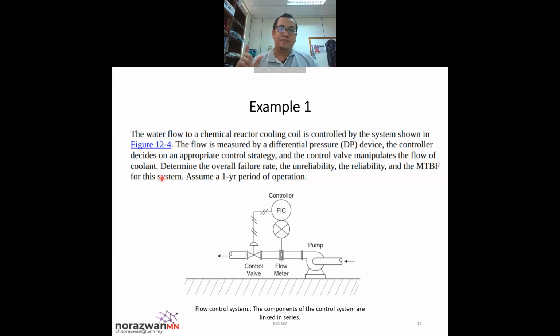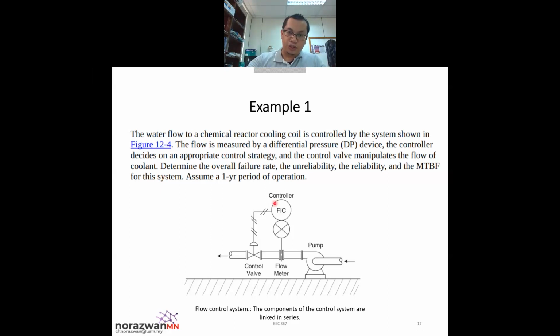Assume a 1-year period of operation. Because based on the question, sometimes you need to make an assumption such as a 2-year or 5-year period of operation. So the calculation or the value will change based on your assumption.